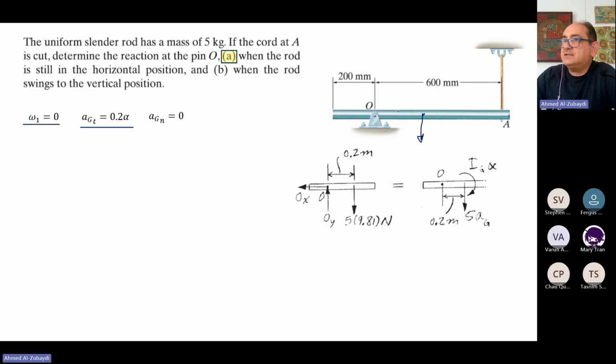Wait a second. It shouldn't be 0.2. That should be 0.3. Anyway, we'll see that. The AGN is going to be equal to the omega multiplied by the R. So the omega is 0, so the R is going to be 0.